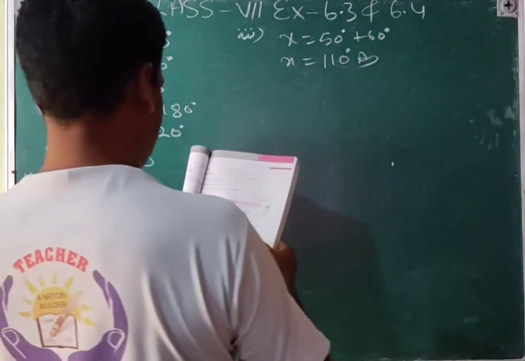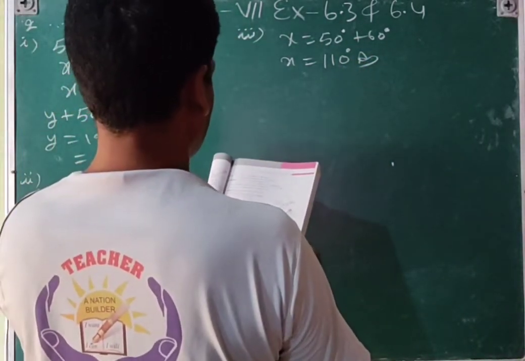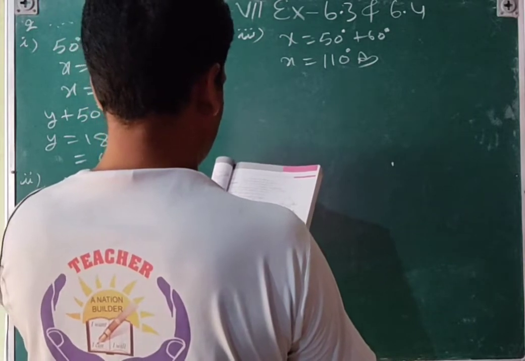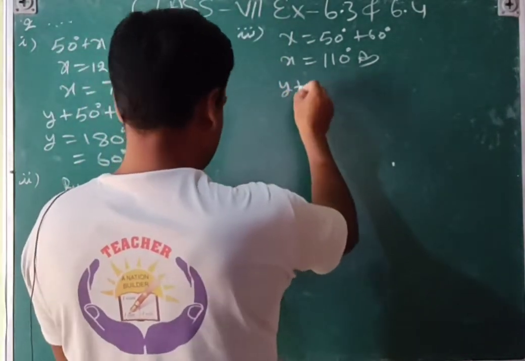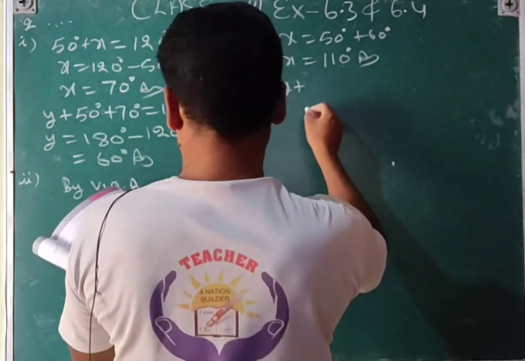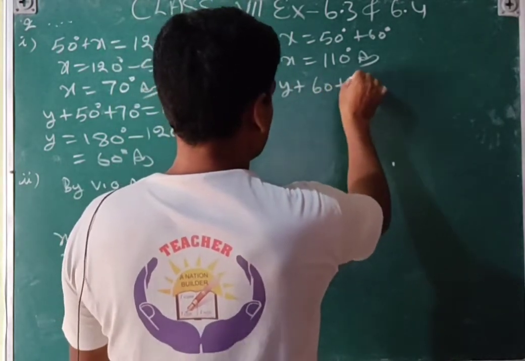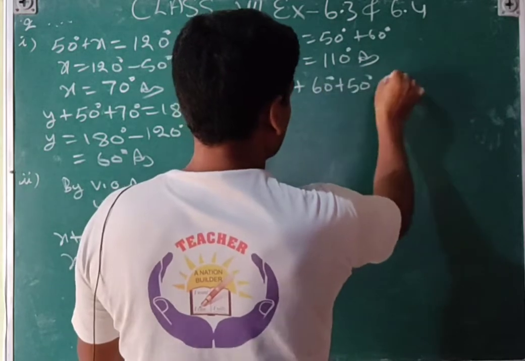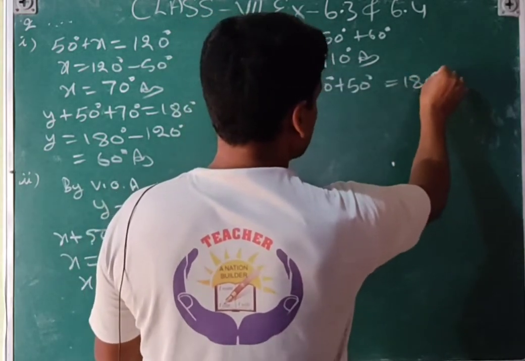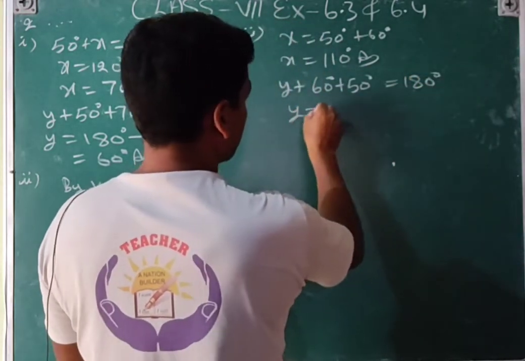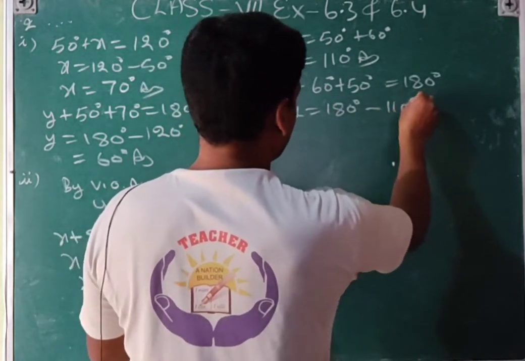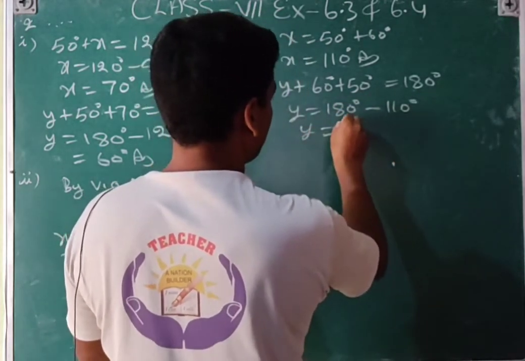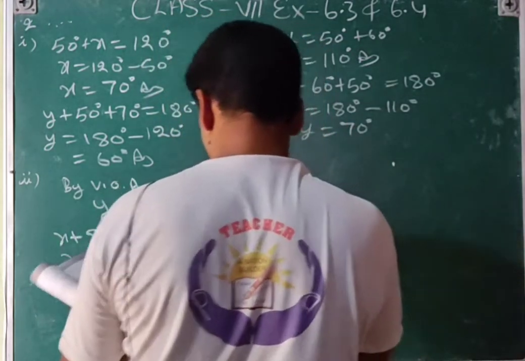And then y plus 60 plus 50 degrees is equal to 180 degrees by the sum of angles of a triangle property. y is equal to 180 degrees minus 110 degrees. So y is equal to 70 degrees.